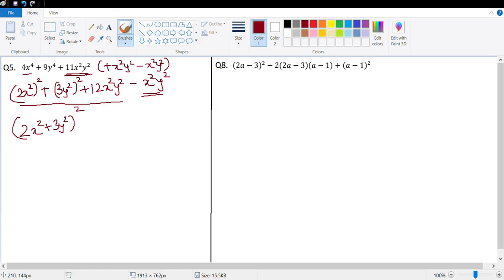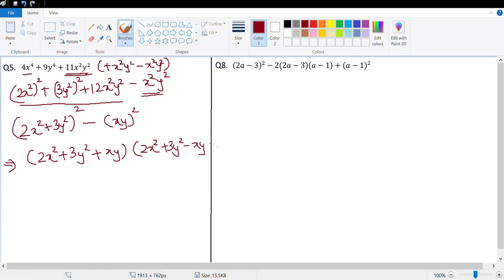Yes, so the first three terms basically are (2x² + 3y²)², and the second term now is (xy)². So this is of the form a² - b², which means (a + b) multiplied with (a - b). In this case, a is 2x² + 3y² and b is xy. So that's our final answer.